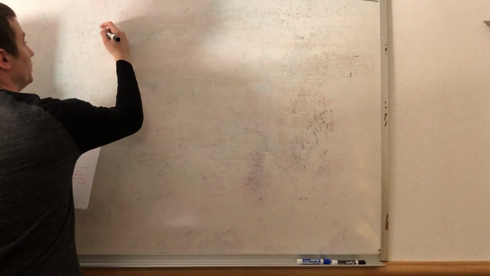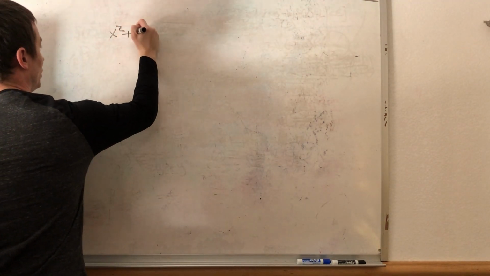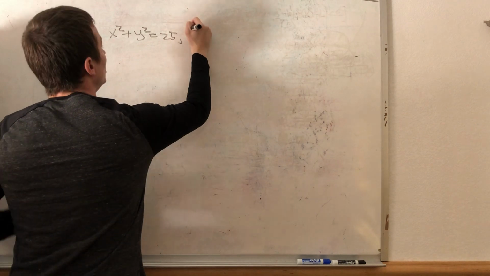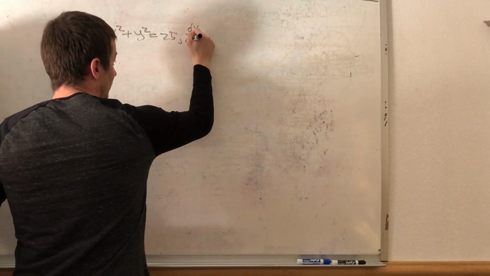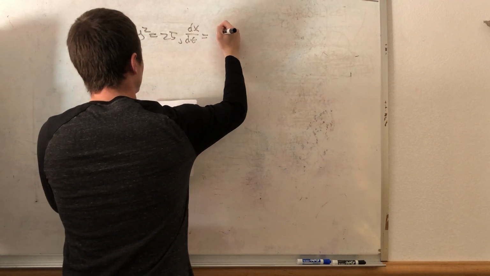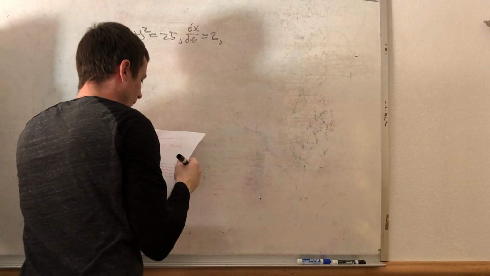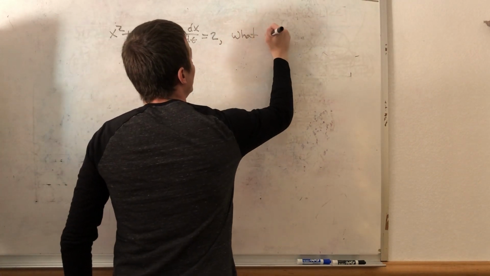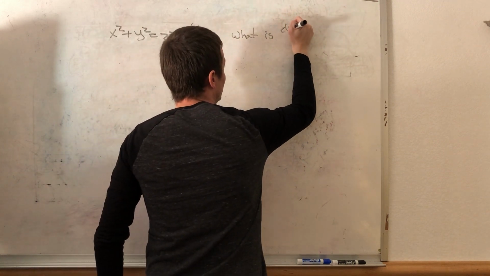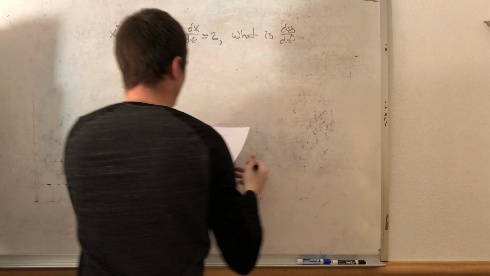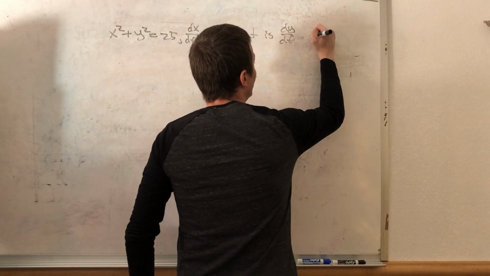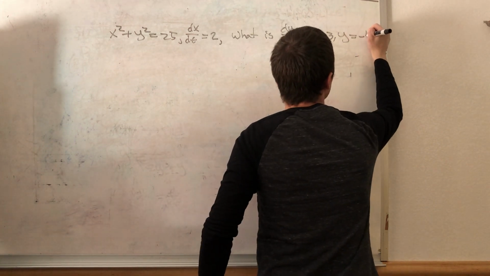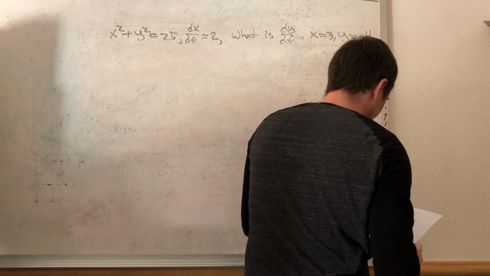It says, given that x squared plus y squared is equal to 25, and given that the derivative of x with respect to t is equal to 2, what is, so we're looking for dy dt, when x is equal to 3 and y is equal to minus 4. Okay.